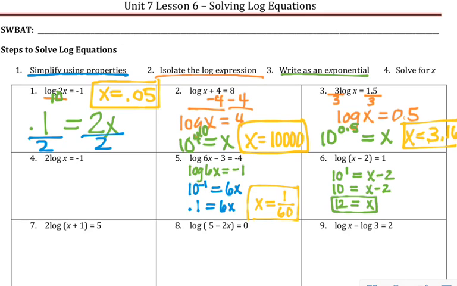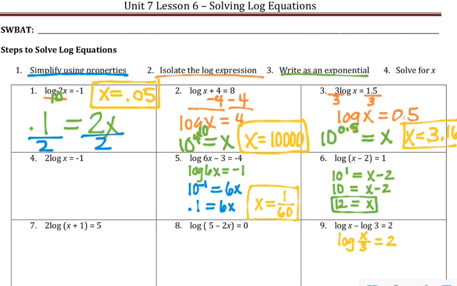See that subtraction, that minus sign? Subtraction in logs is changed into division in 1 log. So I have log of x divided by 3 is equal to 2. So if I have more than 1 log, I have to use my properties to make it into just 1 log. And then I change it into an exponential.